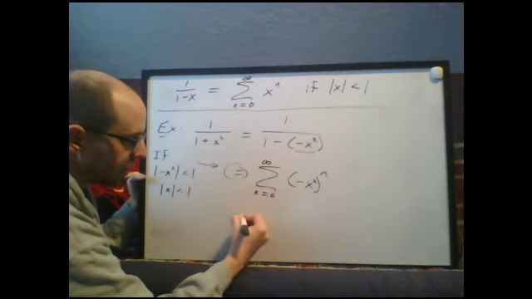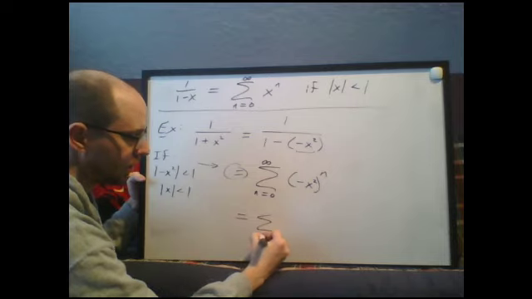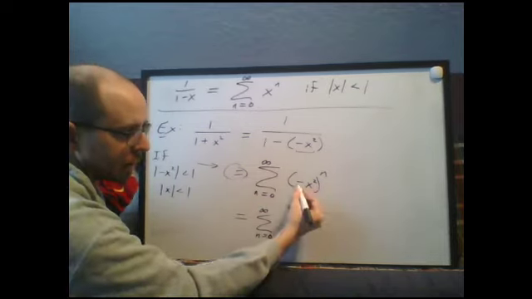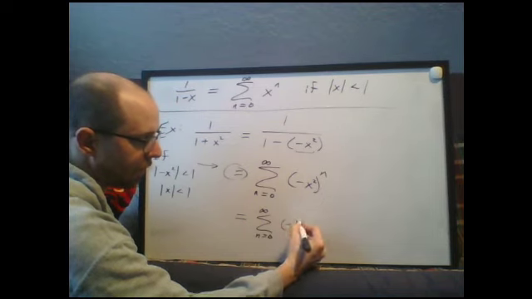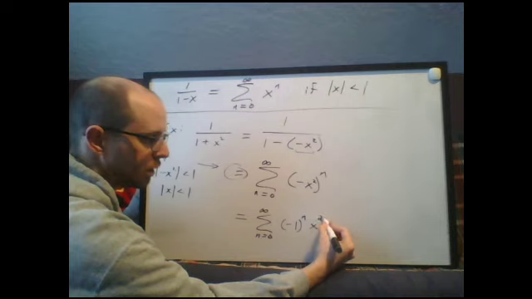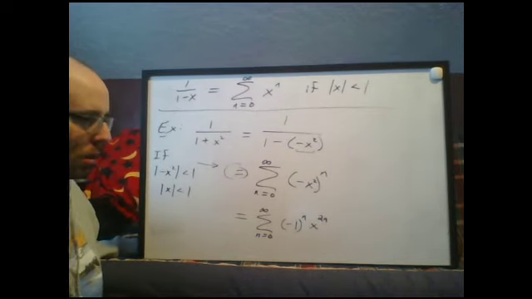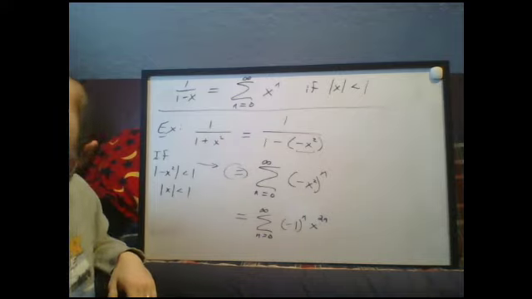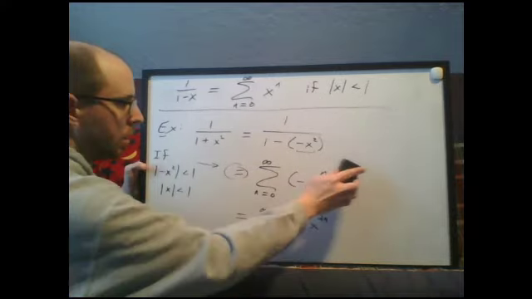Okay, then I can simplify this to make it look a little bit more like a traditional power series. This would be negative 1 to the n times x to the 2n. And if you like, let me erase it to give myself room.